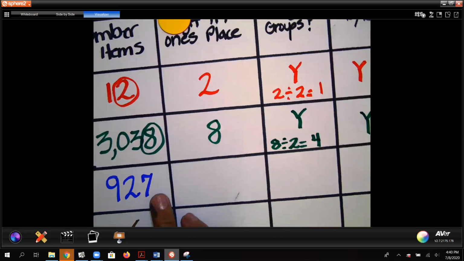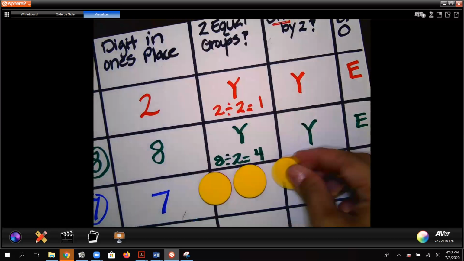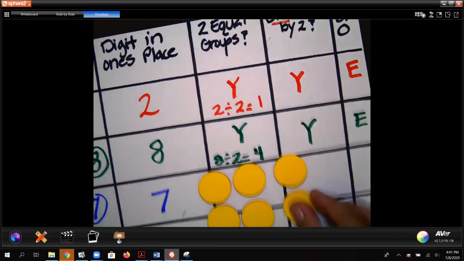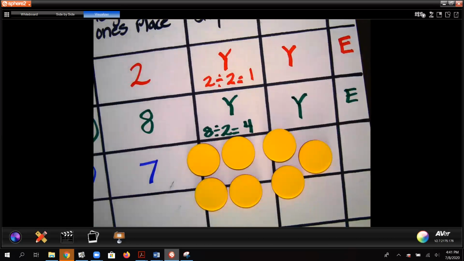Okay, my next number is 927. Okay, so I'm going to look at the ones place. Always look at the ones place. That's a 7. Okay, so let's see. Let me get 7 counters here. 1, 2, 3, 4, 5, 6, 7. Can I make 2 equal groups? What do you think?